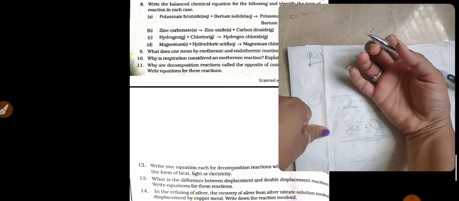Okay, so now let's see question number 13. What is the difference between displacement and double displacement reaction? Write equation for this reaction. In a displacement reaction, a more reactive metal will displace a less reactive metal. Example, zinc will displace copper and form zinc chloride, and copper will be released. So this is zinc displacement. This metal reacts with this anion and it will displace this metal.